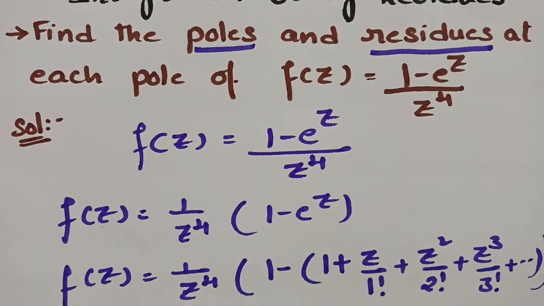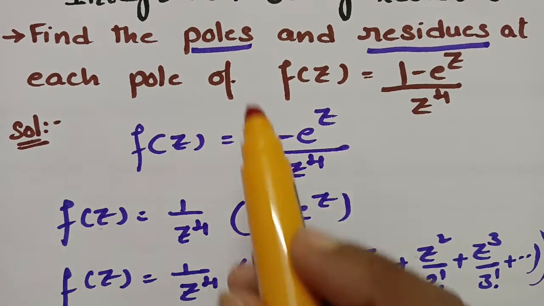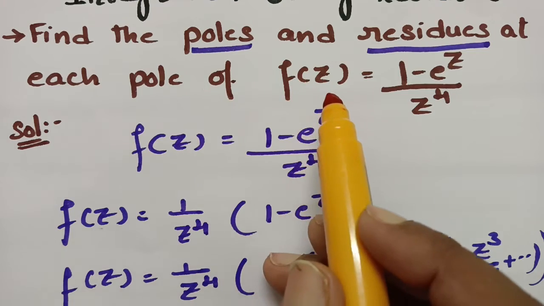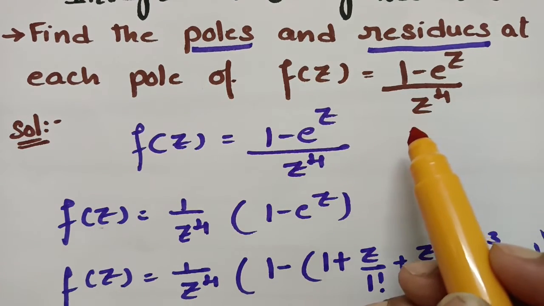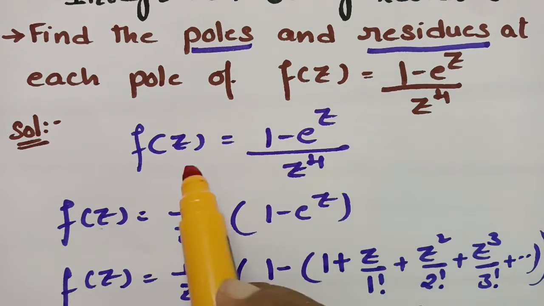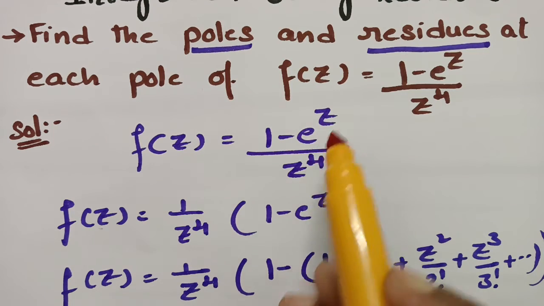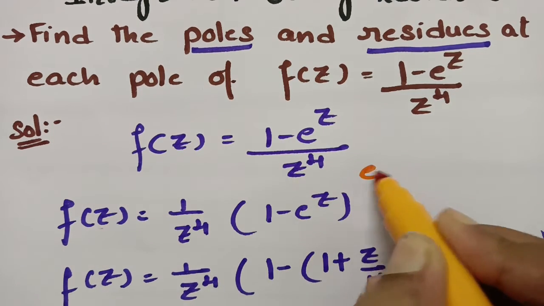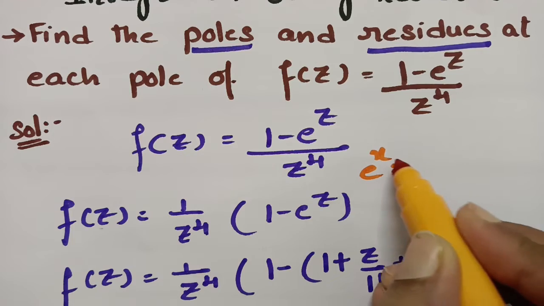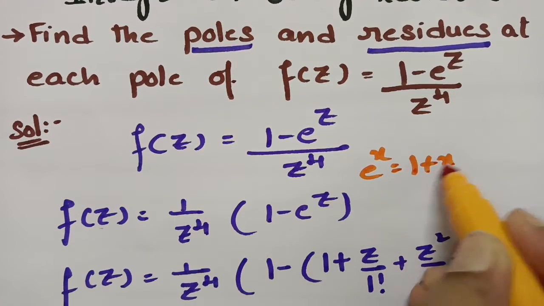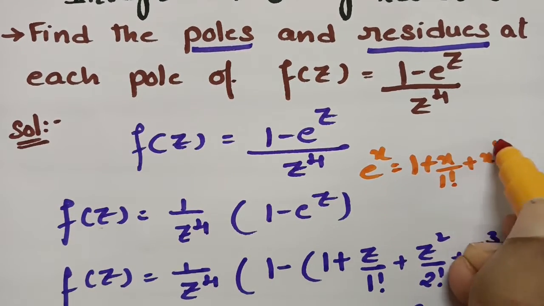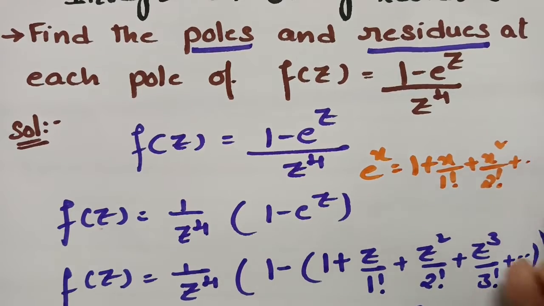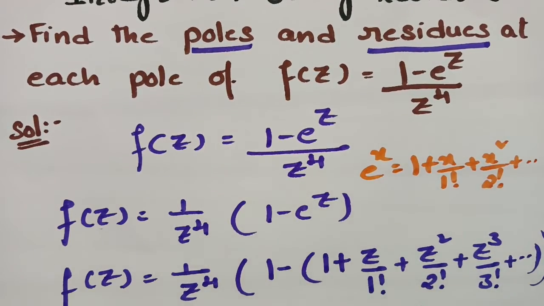See, first of all, what is given? It is given to find the poles and the residues at each point of f(z) = (1 - e^z)/z^4. So here it's an exponential function, so we have to expand this one, as we have the e^x expansion as 1 + x/1! + x^2/2! + and so on. So we can use this expansion here.